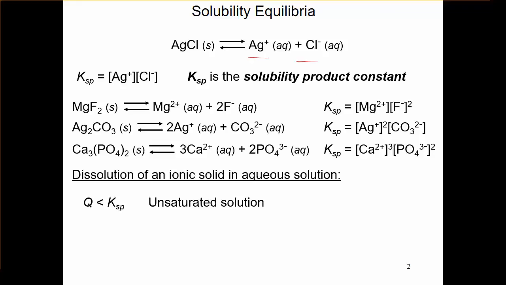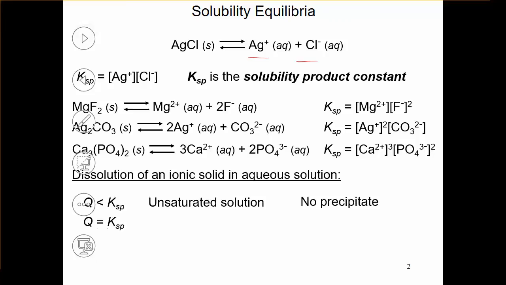So if I put some salt, sodium chloride, into water, and it dissolves, and it all goes away, that means Q is less than its Ksp, and therefore it is not saturated yet. It is unsaturated, and so it's all dissolving. So I get no precipitate.